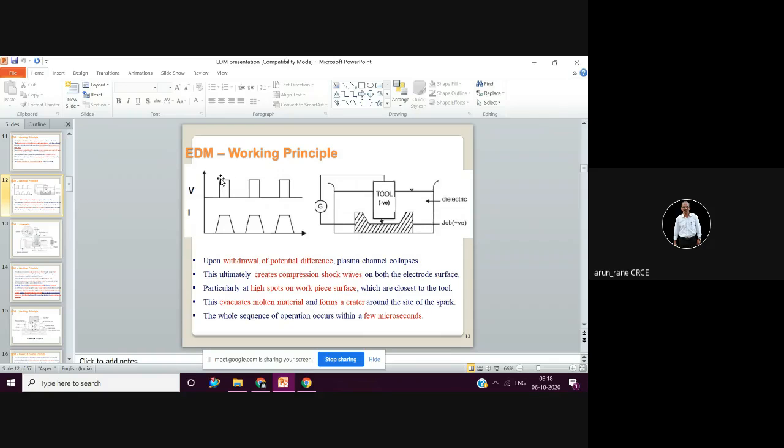So this is your on pulse, and this is your off. Remember, you cannot have voltage building up instantaneously, so this is something wrong. You should have a slight taper, because it takes some time, whether milliseconds or microseconds, to build up the current and reach its higher value.